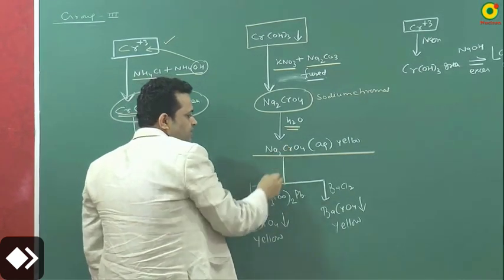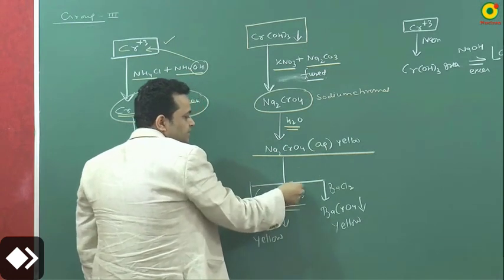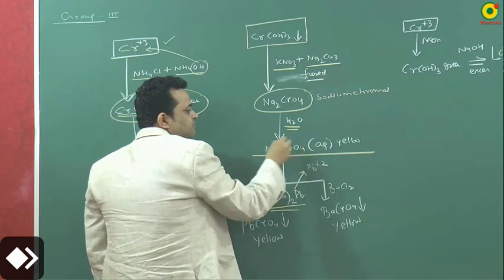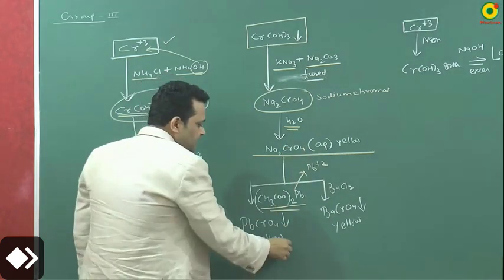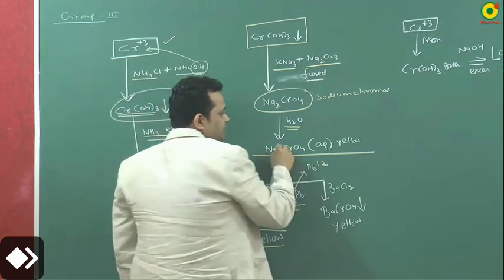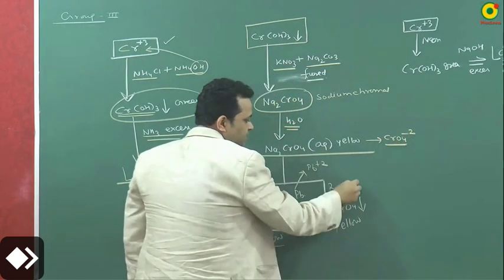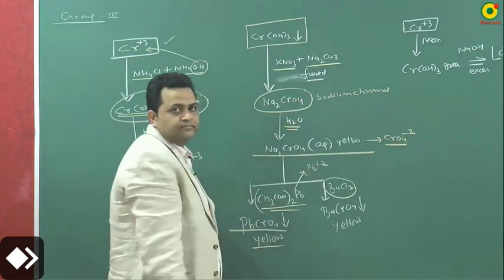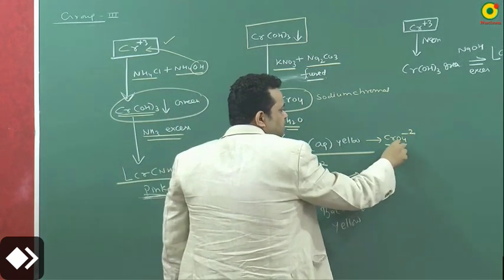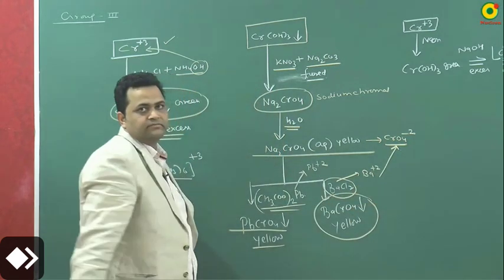In this solution, we are taking two parts of this solution and lead acetate is added. Lead acetate gives Pb2+ ion. Pb2+ combines with CrO4 2- ion, forming a yellow precipitate of PbCrO4. Now again, in this solution containing CrO4 2- ion, if we add BaCl2 solution, BaCl2 gives Ba2+, which combines with CrO4 2-, forming a yellow precipitate of BaCrO4.